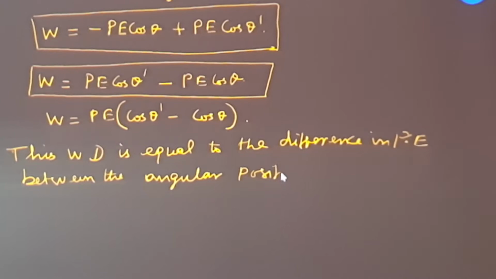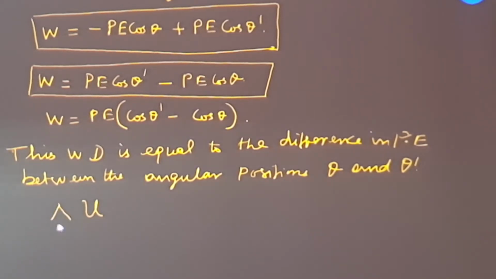What are the angular positions? That is theta and theta dash, the final position minus the initial position. So how can you write this difference in potential energy? Potential energy is represented by epsilon.